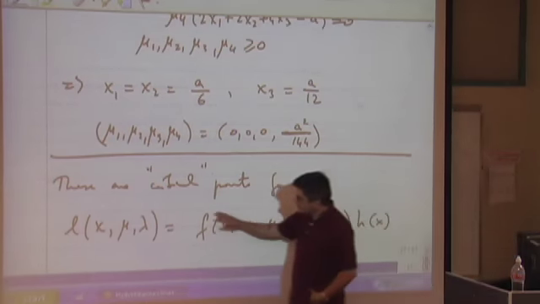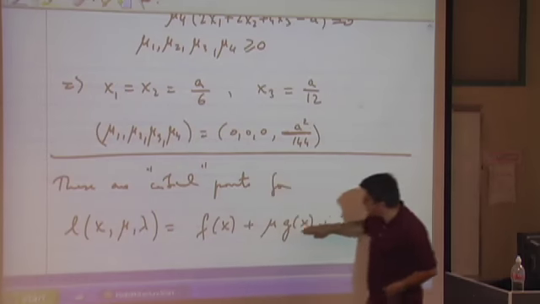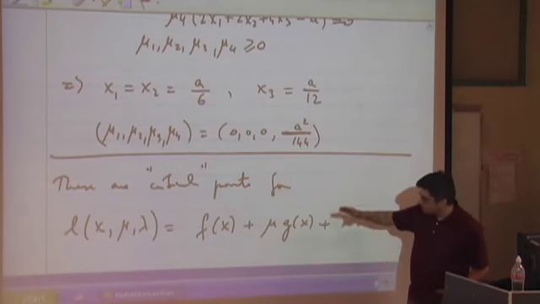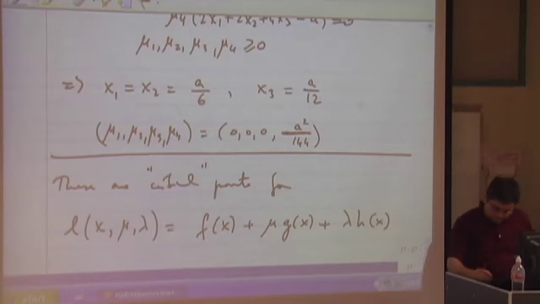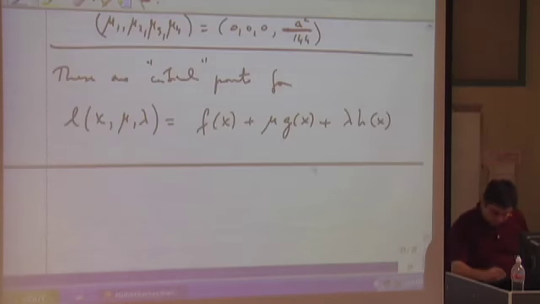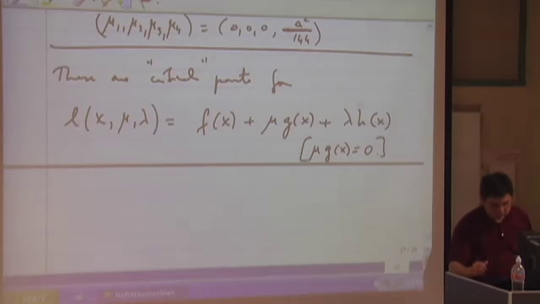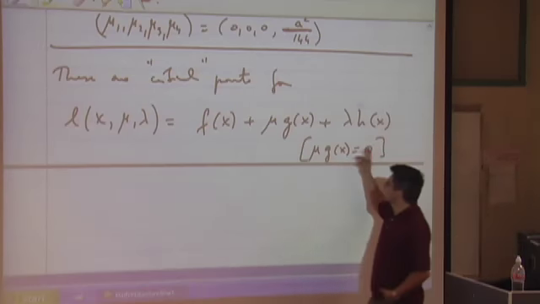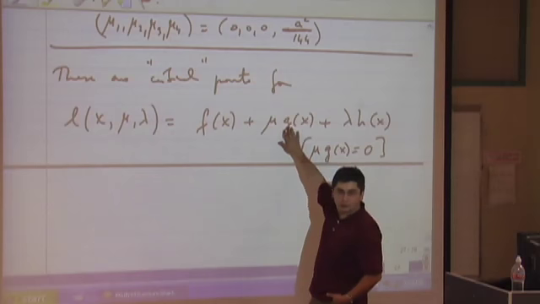But the idea is similar to the critical points. Actually, that's true, because mu times g is 0 at a critical point, right?